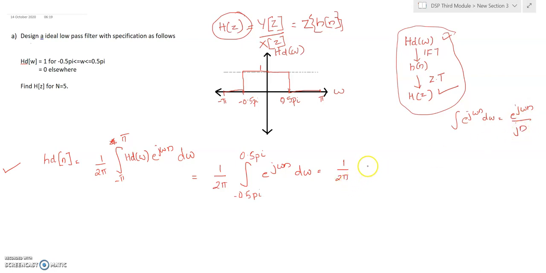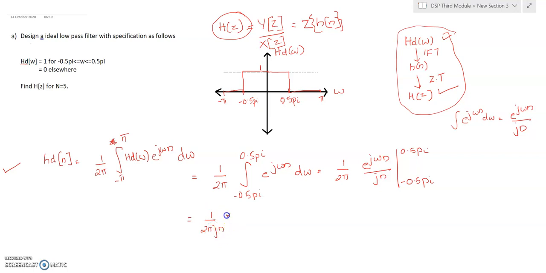So when we go to solve this particular thing, it becomes e raised to j omega n by jn, from minus 0.5 pi to plus 0.5 pi. When we solve this, the omega will be substituted with this value, so eventually it is going to become 1 by 2 pi jn.